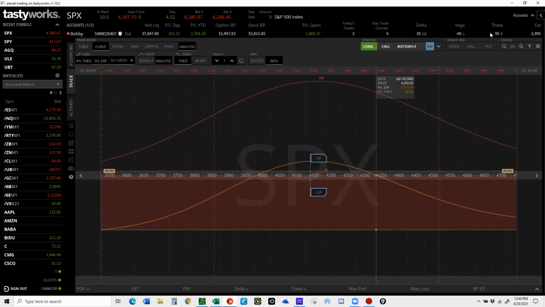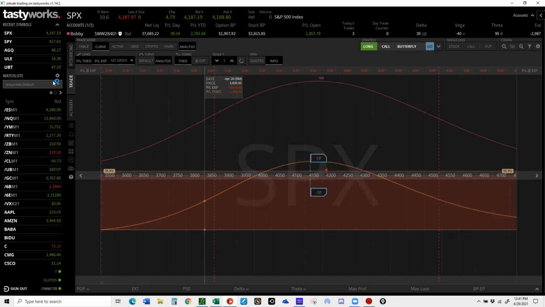So I sold that, got positive theta. This was a little too much. So what I did is did this calendar in here to give me a little bit of negative delta. So we're still positive, and it gave me a little bit of positive vega and positive theta. So this account's looking really, really good.